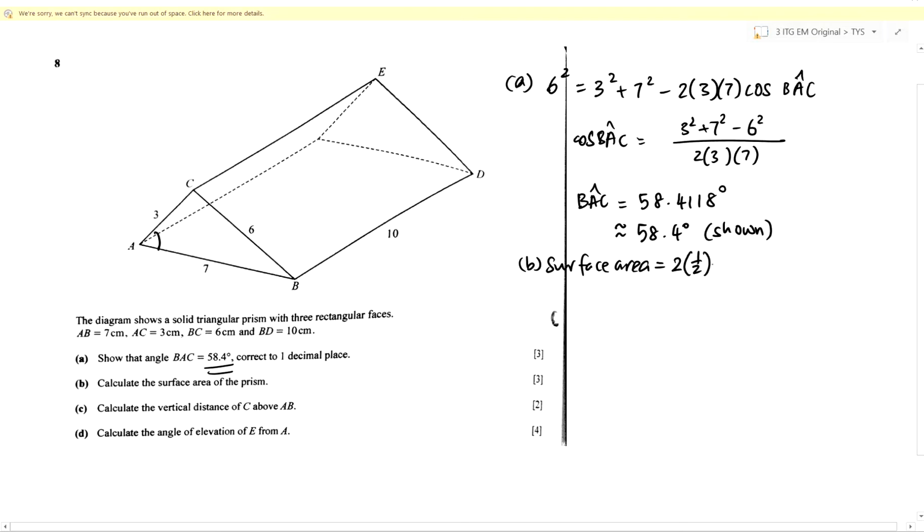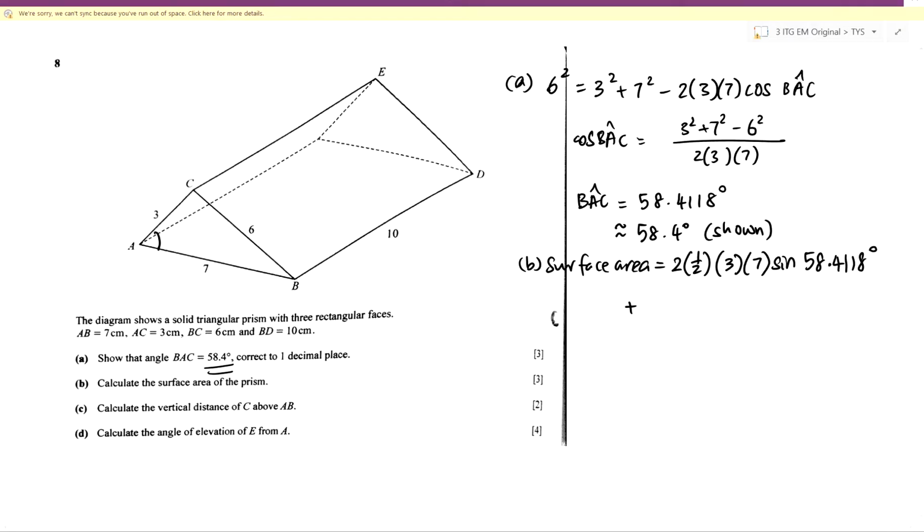So half times the side, 3, times 7, times sine, instead of using 58.4, we use more decimal places. So this is the two cross-sectional areas, and we need to add the area of the lateral faces.